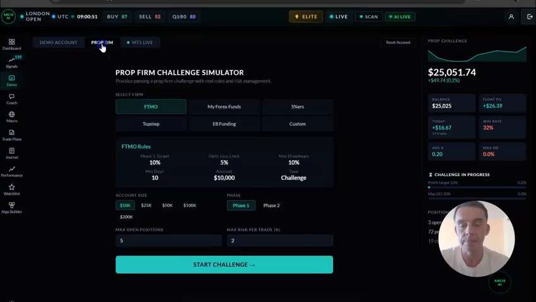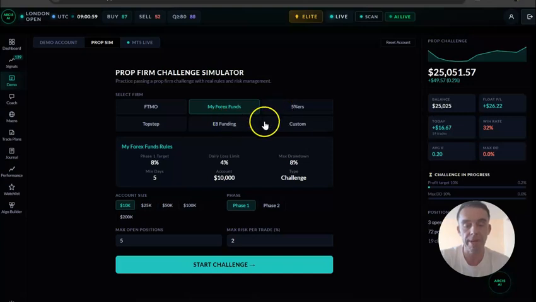And again, prop firm simulator. Pick your account size, your rule settings, what kind of prop firm you want to mimic. You can have your custom here, E8 funding, Top Step, Fivers, My Forex funds, and then that will create a prop firm account for you, and you can just demo in a simulated environment to see if you can pass the challenge.